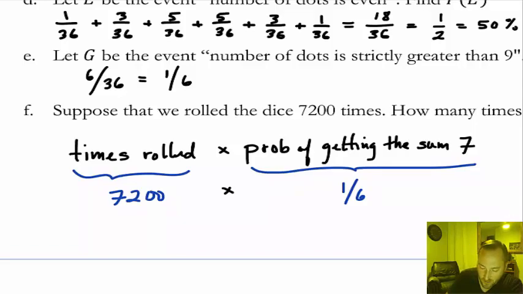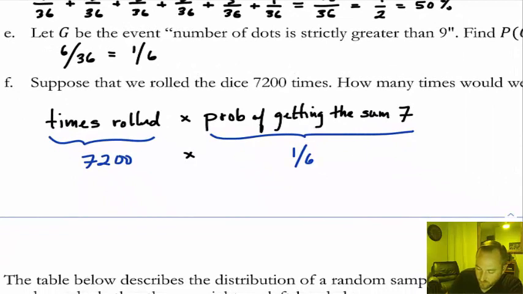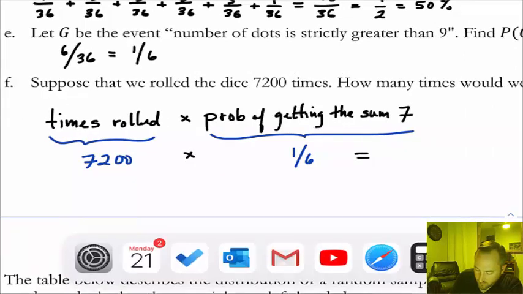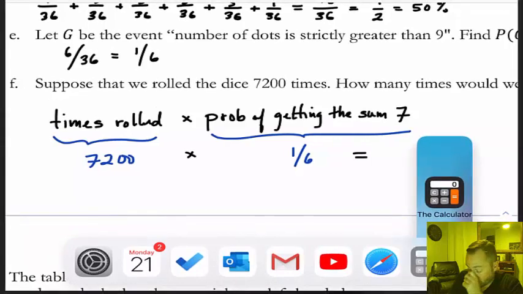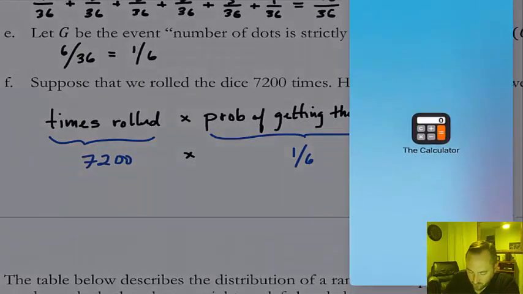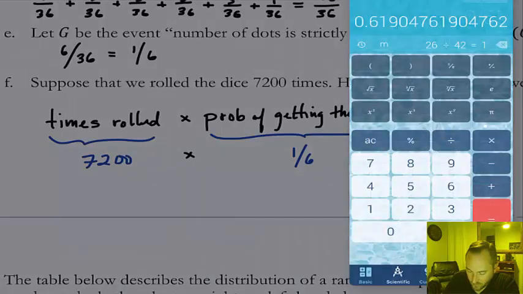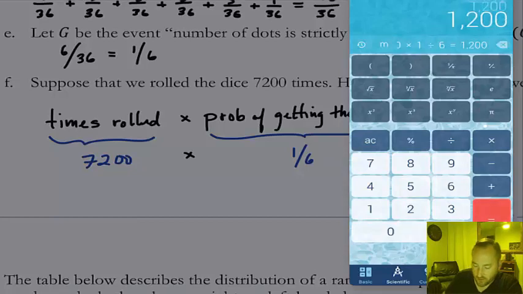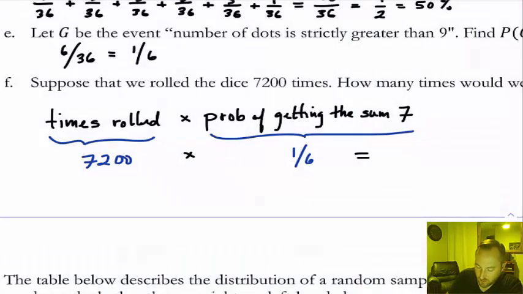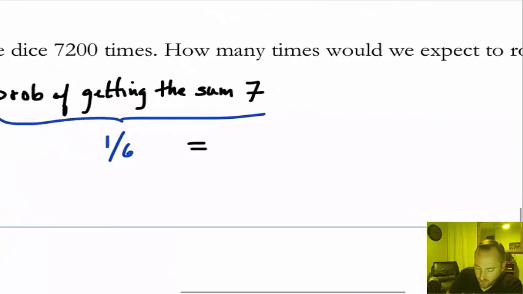Let's go ahead and figure out how many that would be. So we have the 7,200 times 1 divided by 6. And there we get 1,200. So we could expect here 1,200 where the sum is a 7.